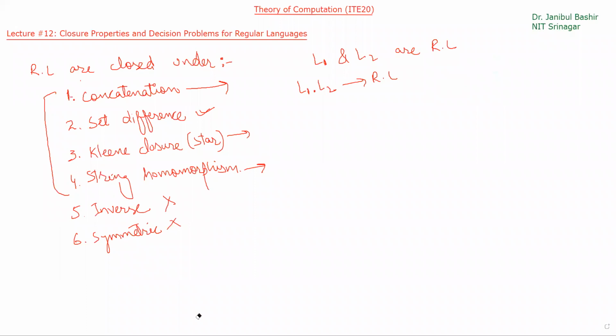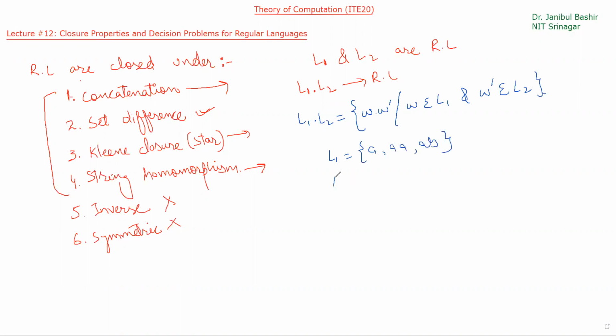What is the meaning of concatenation? L1 concatenation L2 means the set of W dot W dash such that W belongs to L1 and W dash belongs to L2. So what does that mean? Let's say L1 is A, A, B and L2 is B, B, B.